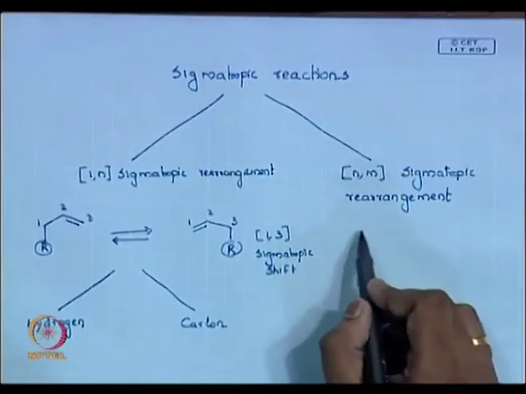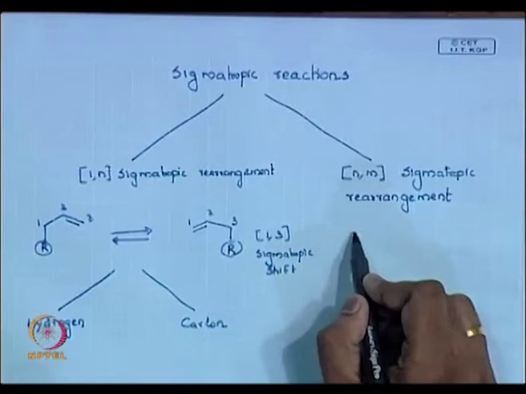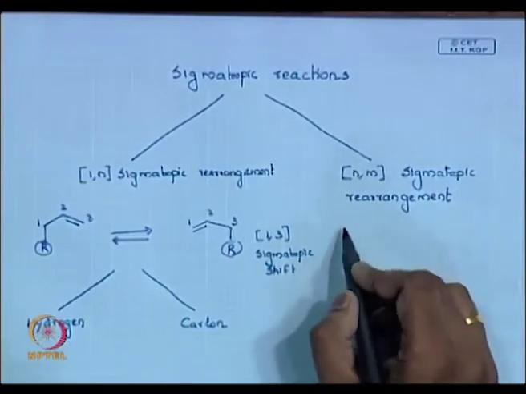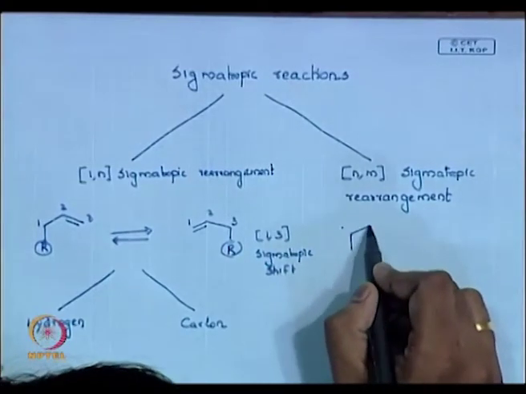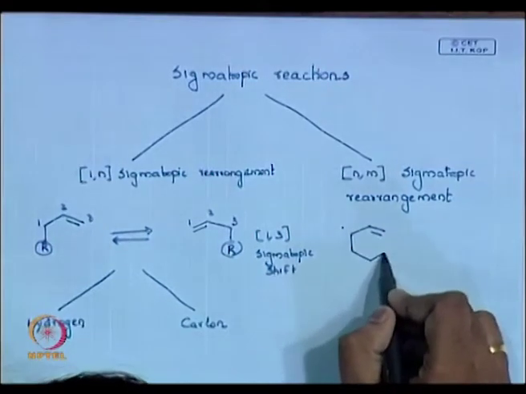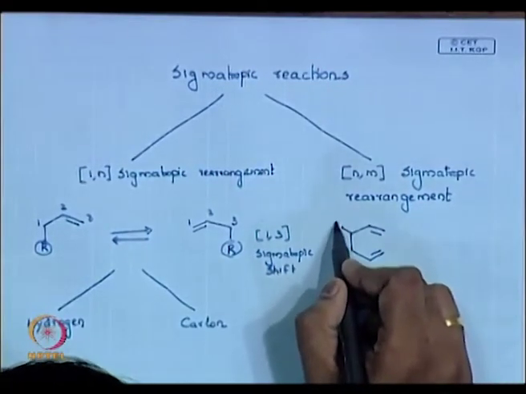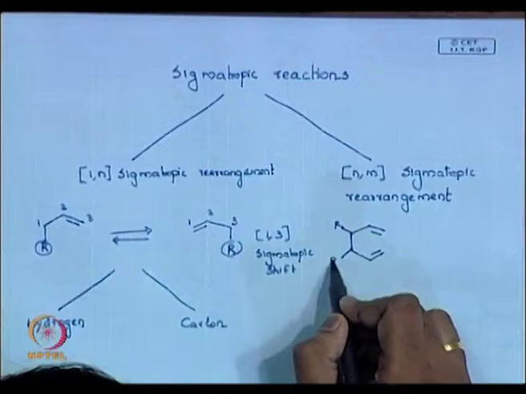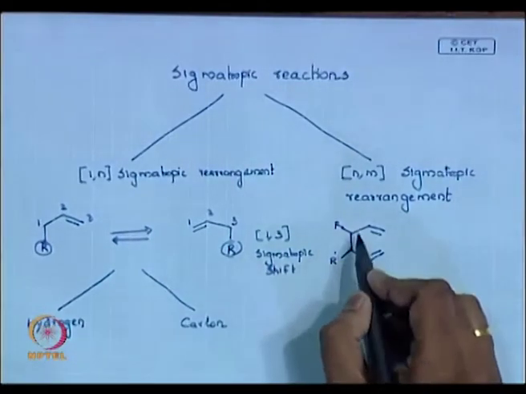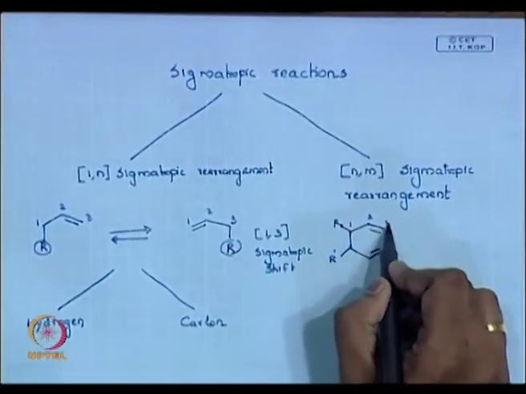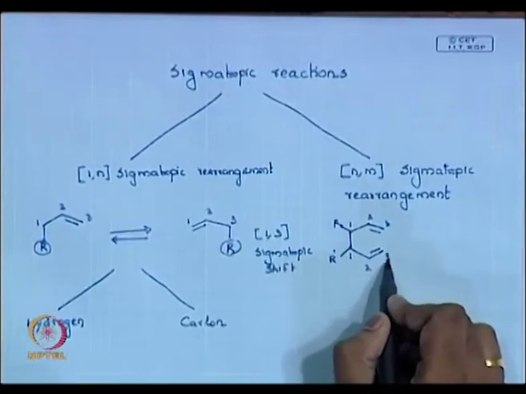So, what is this n,m? I have a system 1, 2, 3 and 1, 2, 3.